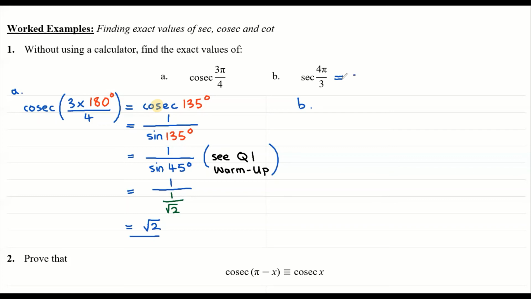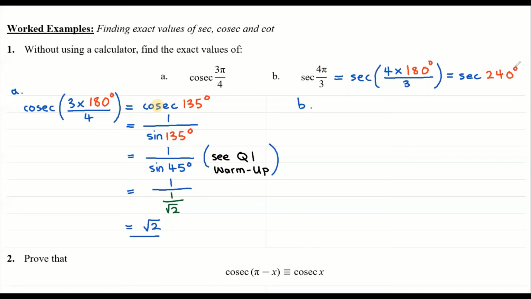So this is going to be sec of 4 multiplied by pi, which we replace with 180 degrees, and then divide by 3 this time. So it's 4/3 of 180 this time, which is the same as the sec of 4 multiplied by 180 divided by 3, which is, of course, 240 degrees.